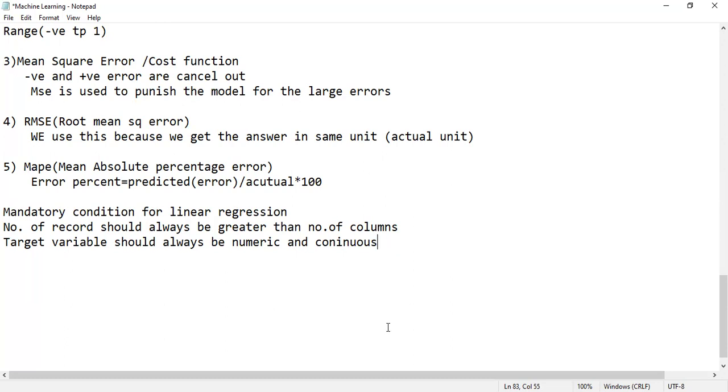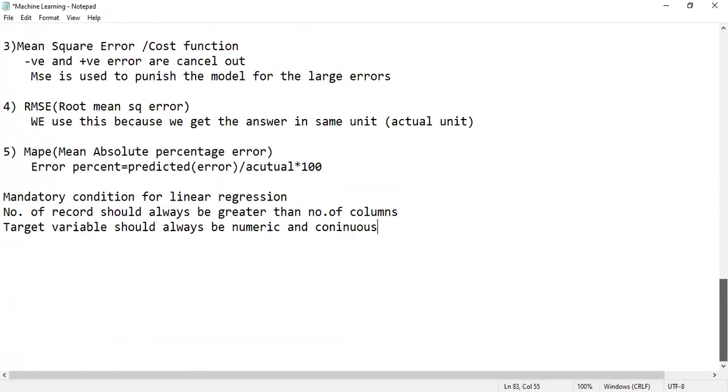So these are the points related to linear regression. One major problem that you will face while performing linear regression is overfitting. So what is overfitting?